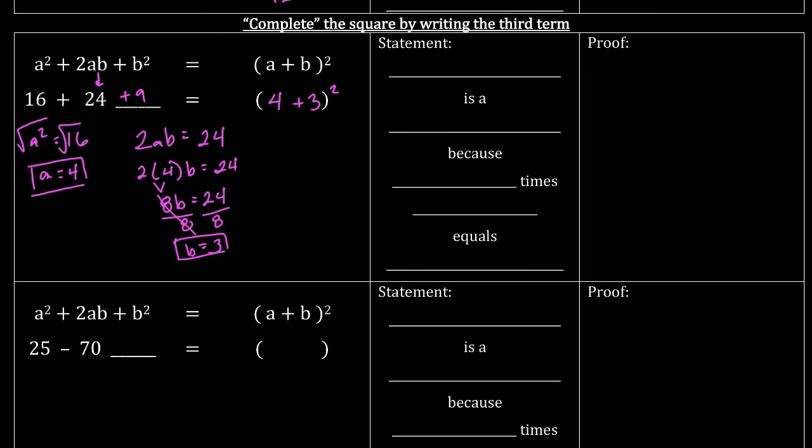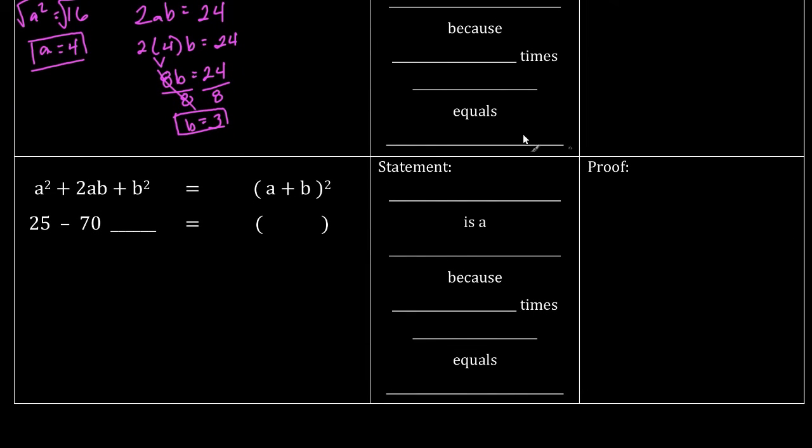So let's do one more. All right, so we know that a squared is 25. So let's square root. A is 5, or you could use negative 5, like I said. We know that the middle term, 2ab, is negative 70.